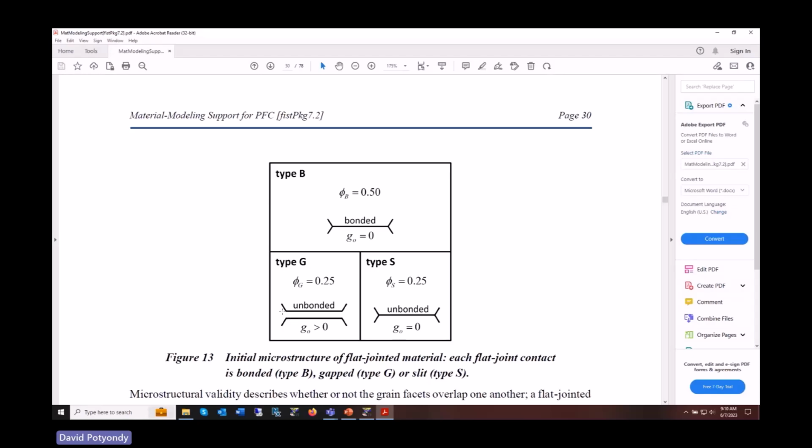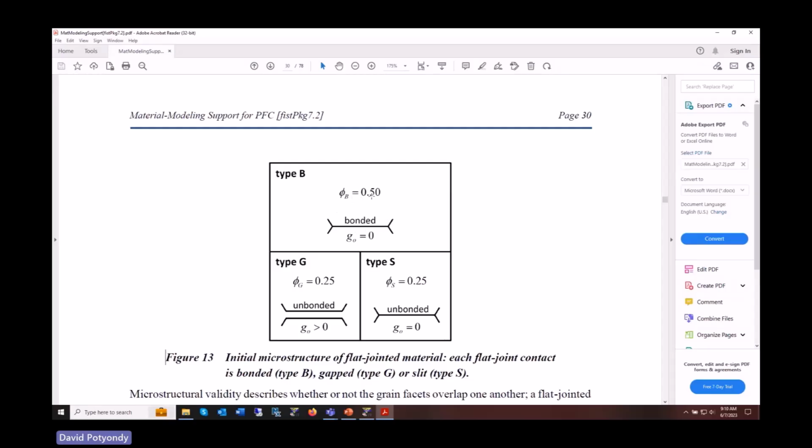Or you can have some gap between them. And you specify the volume fraction of each. It's going to randomly set these by randomly going through all the contacts, the flat joints in the model. By default, it just makes everything bonded like this.